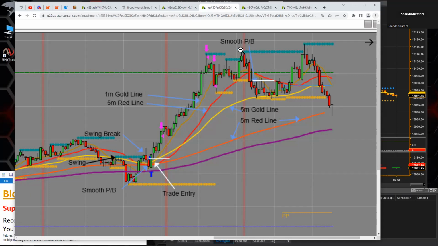So the highs of the bars have to be continuously stepping down, all right? So if one of these pullback bars generates a higher high than the previous bar, then that violates the smooth pullback there. All right, so yeah, the smooth pullback, very simple kind of standard definition there.